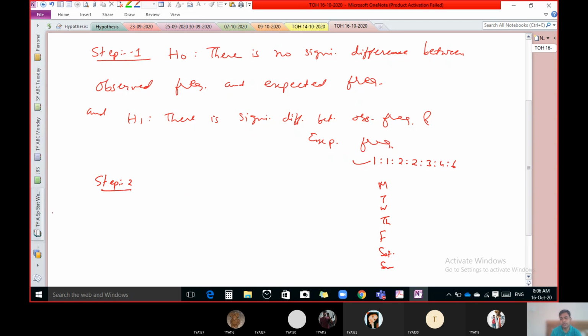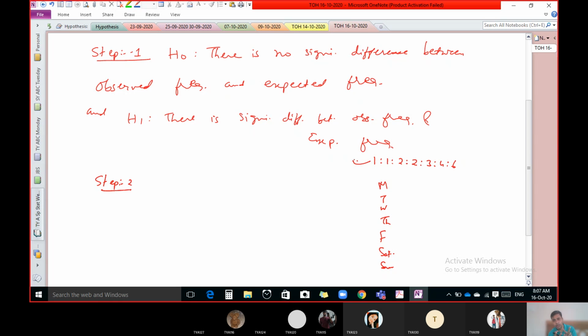Now we want to check whether it's true or not. How can we check this? This is the claim of the manager that the flow of the customer during the days of the week is 1 is to 1 is to 2 is to 2 is to 3 is to 4 is to 6.